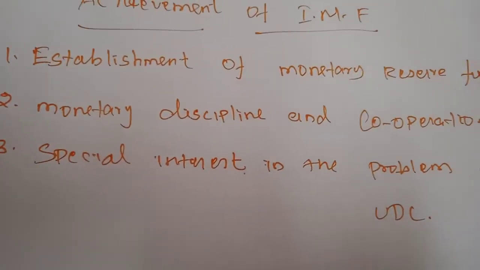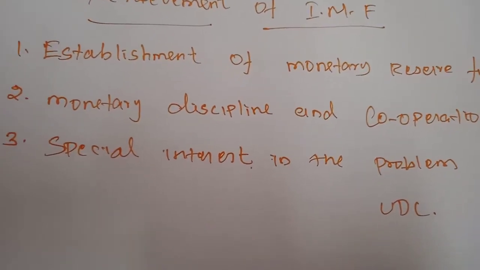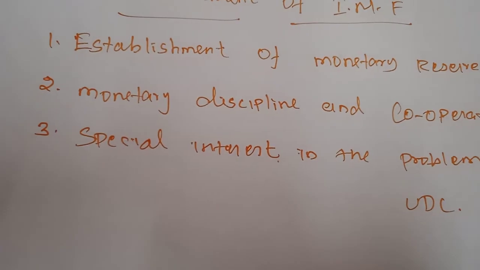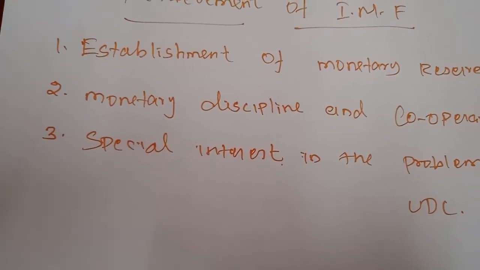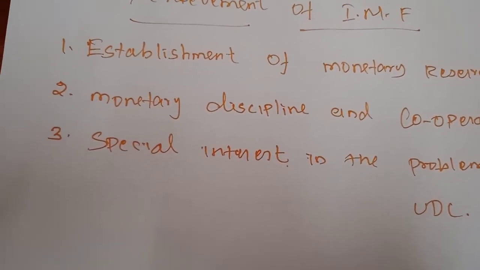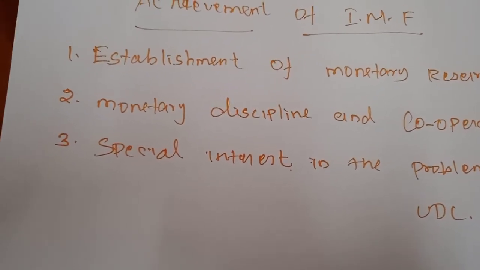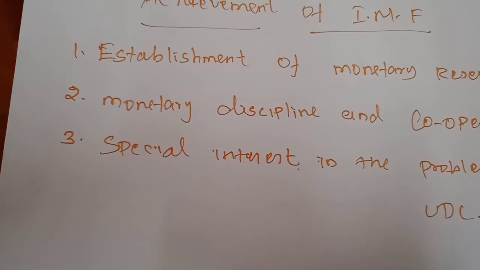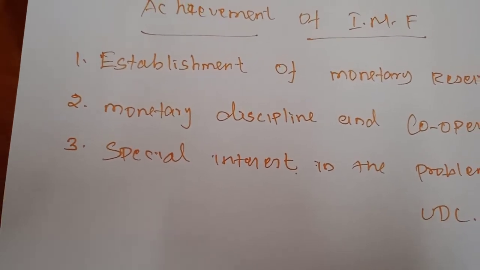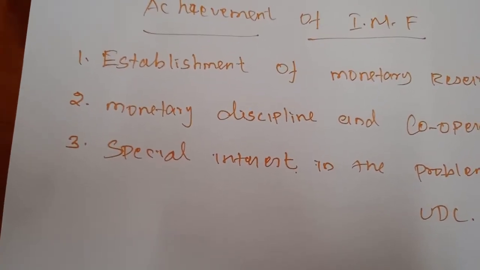Next, monetary discipline and cooperation. The International Monetary Fund has shown keen interest in maintaining the monetary discipline and cooperation among the member countries. To achieve this objective, it has provided assistance only to those countries which make sincere efforts to solve their problems.